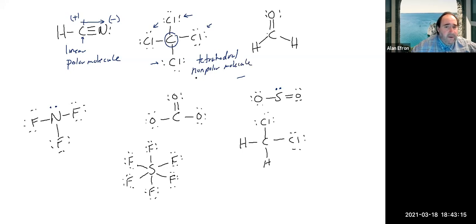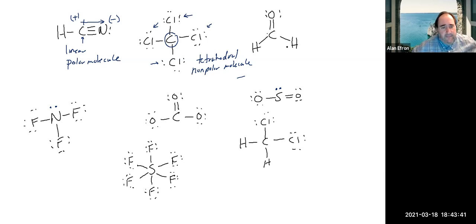Now, let's be very clear. The molecule is nonpolar, but is there a polar bond in here? There probably is between the carbon and the chlorine. But because of the symmetry of that tetrahedral shape, they cancel each other out. So it would be a nonpolar molecule in this case.